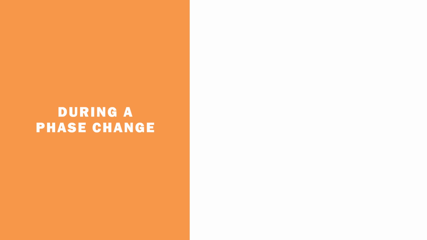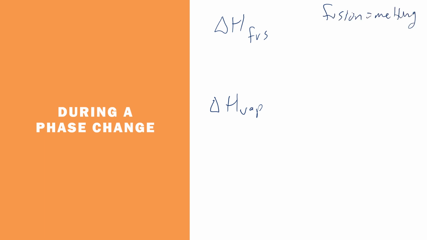During a phase change, we're going to call that the heat of fusion or the heat of vaporization. So fusion is just a fancy name for melting. And then vaporization, it could be boiling or evaporating, but it's changing from a liquid to a gas.